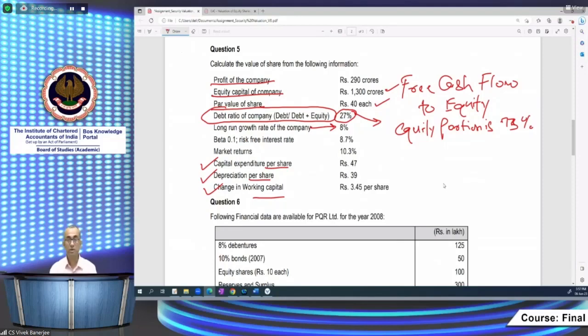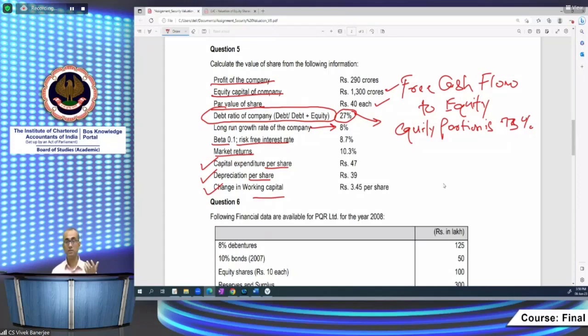So how to calculate this discount rate or cost of equity? Can it be calculated with the help of the dividend discount model? The answer is no, because if you observe the figures, beta is given, the risk-free interest rate is given, and the market return is given. From these figures, you can easily deduce that the cost of capital or discount rate will be calculated with the help of the CAPM model.